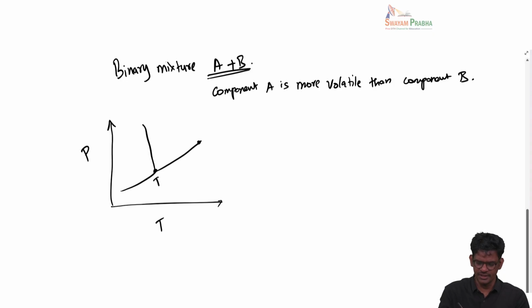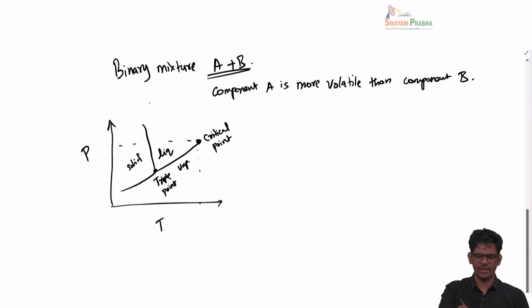You have got the triple point here, and you have got the critical point here. When I say critical point, there is a corresponding critical temperature and critical pressure. This will be liquid, this is vapor, and this is solid. This is for pure A. You can do a similar plot for pure B also.